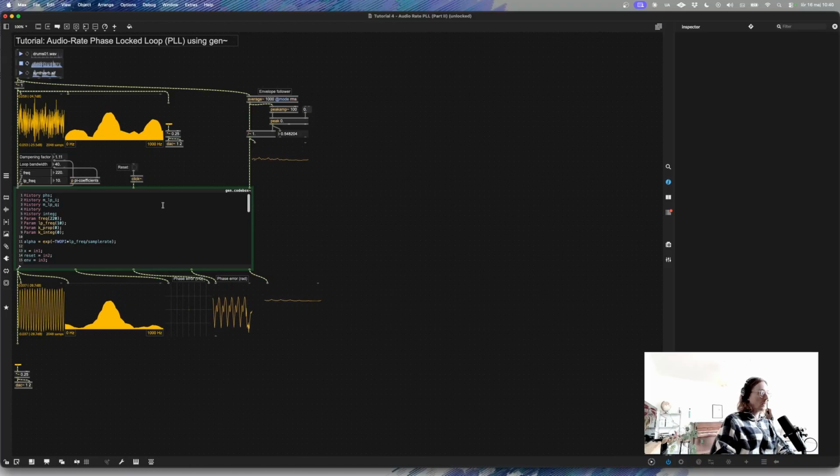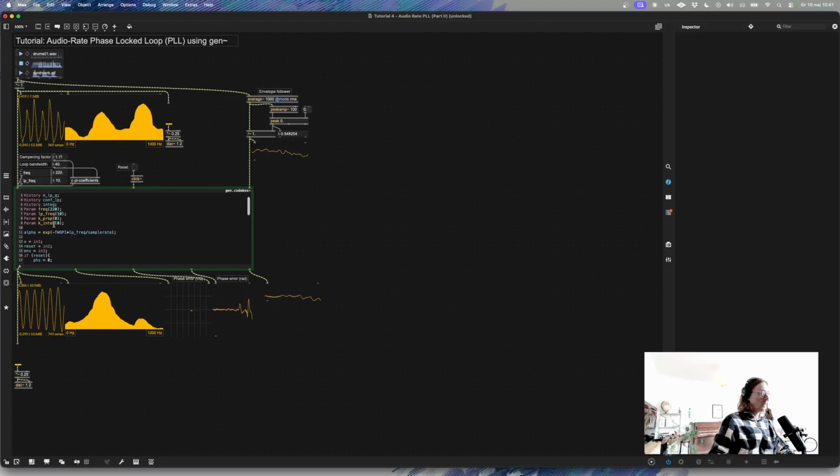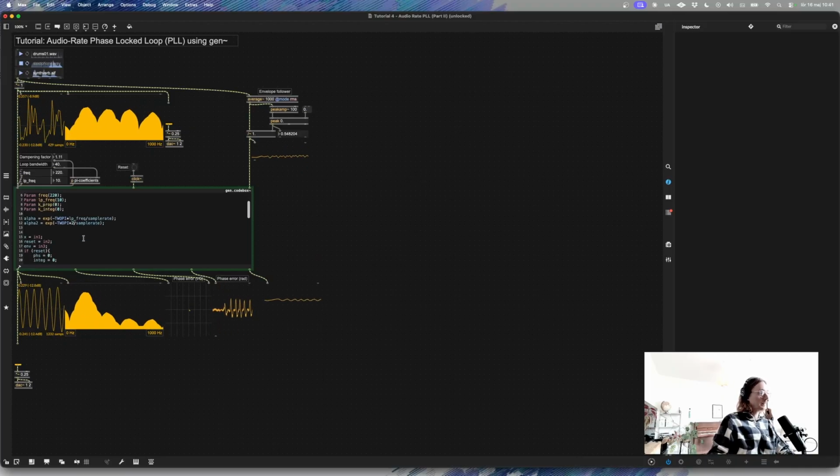Let's call this confidence low-pass, and we can create yet another filter coefficient here, maybe call this alpha 2. We can set whatever low pass frequency we want, and maybe we want something quite low to create a smooth confidence signal. So maybe 2 Hertz could work.